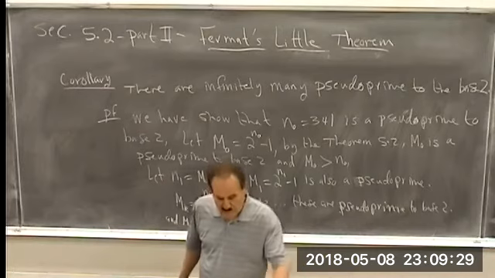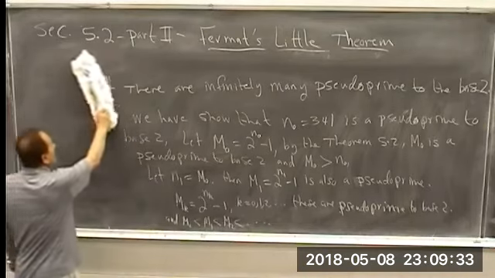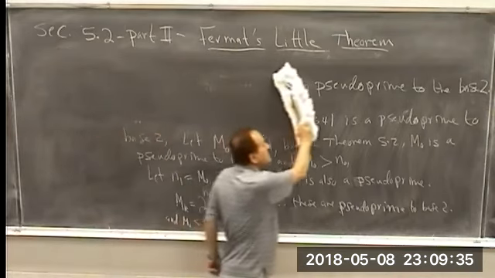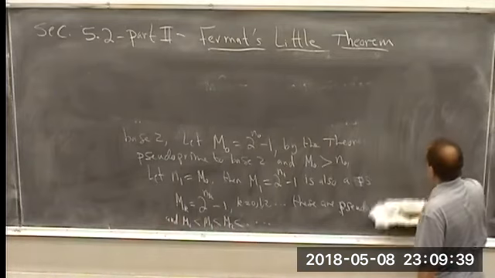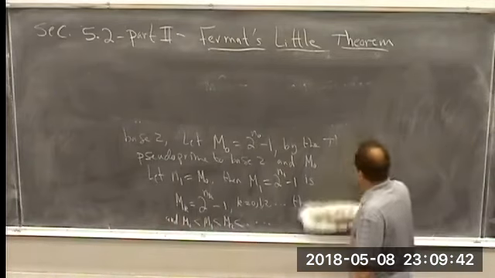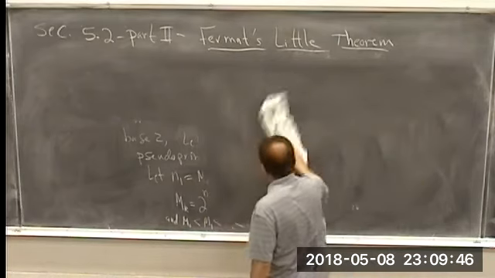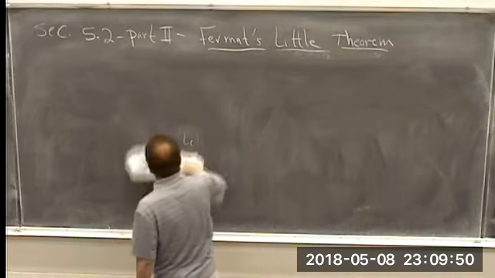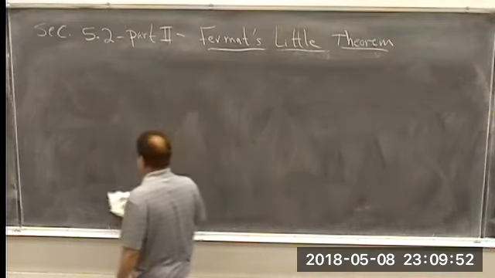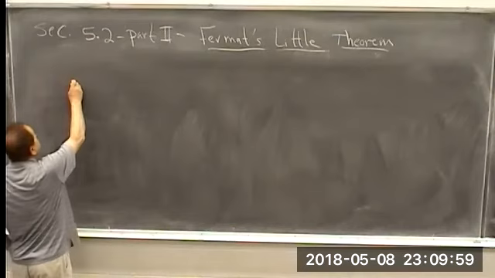Now we need to come to those pseudoprimes that are pseudoprimes to every base, to every positive integer as a base. Actually, the Fermat congruence holds. Such numbers we call Carmichael numbers, or absolute pseudoprimes. So I want to define this.